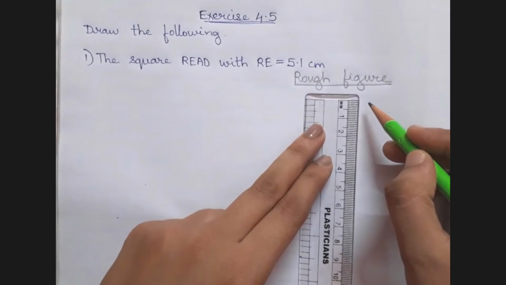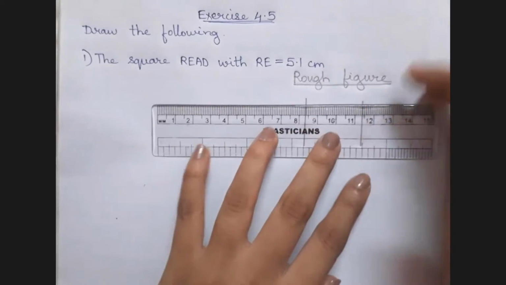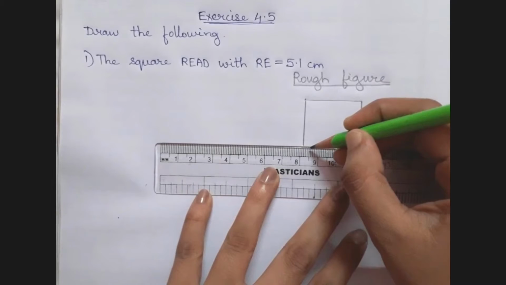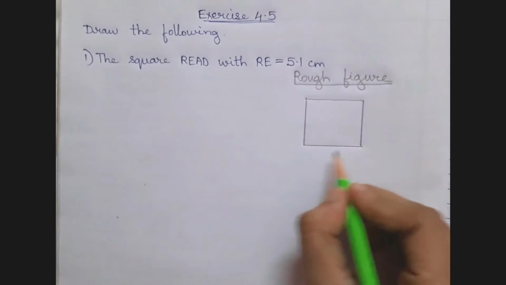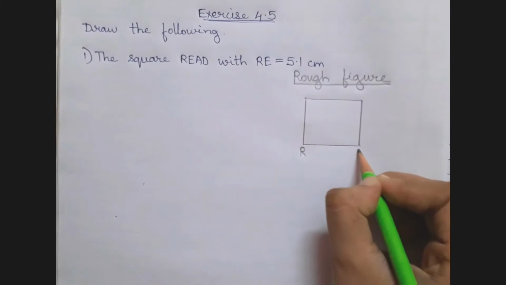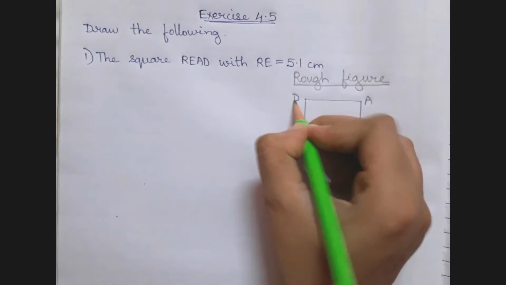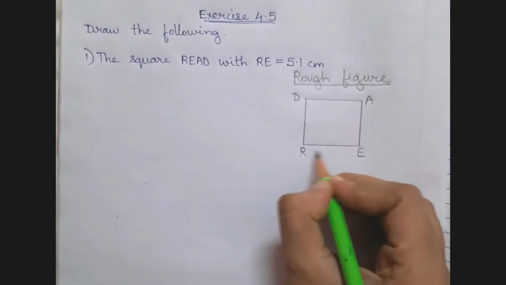So we will draw a square. This square is READ, and measurement of RE is 5.1 centimeter.